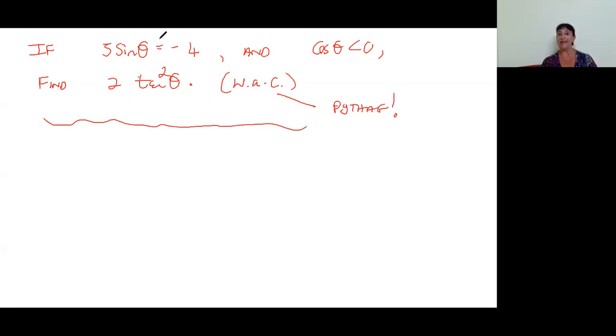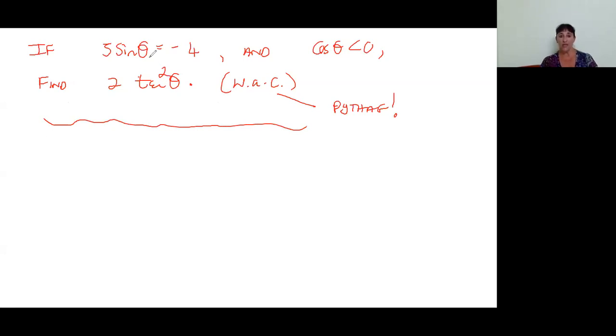Okay? So it typically looks like that. There are other variations of it, but 90% of the time, this is what they ask, and that's what it looks like. If this and this, find that. Okay? We cannot find 2 tan squared theta until we have used what they have given me.